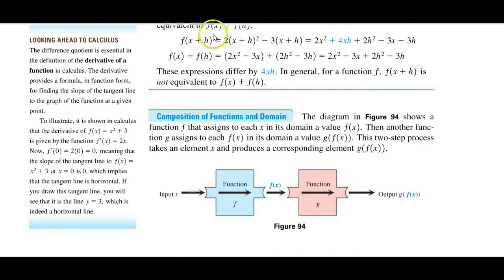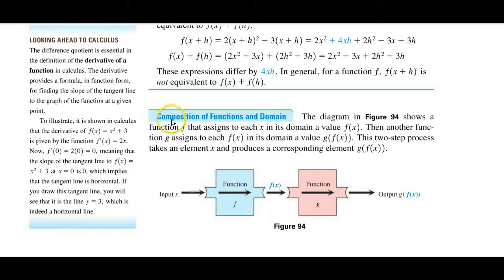And again, this course is to help you prepare for calculus. So they give you this sidebar here where they go over some of the things of how this will be useful in your next course. But we're going now to, I believe, our last topic, composition of function and domain.